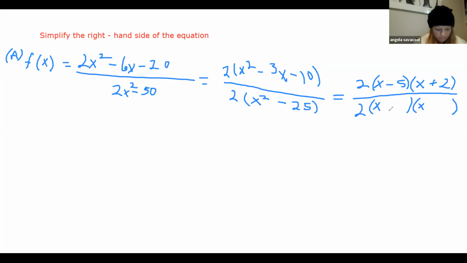It's the same. It's identically the same. We're gonna have a sign difference, right? No, it's x minus 5, x plus 5. There you go. Nice. So now we can go through and cancel out.